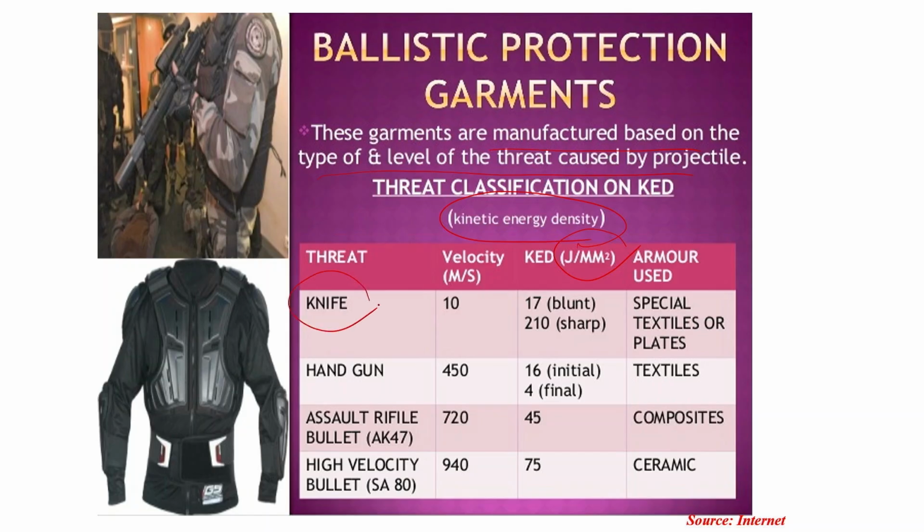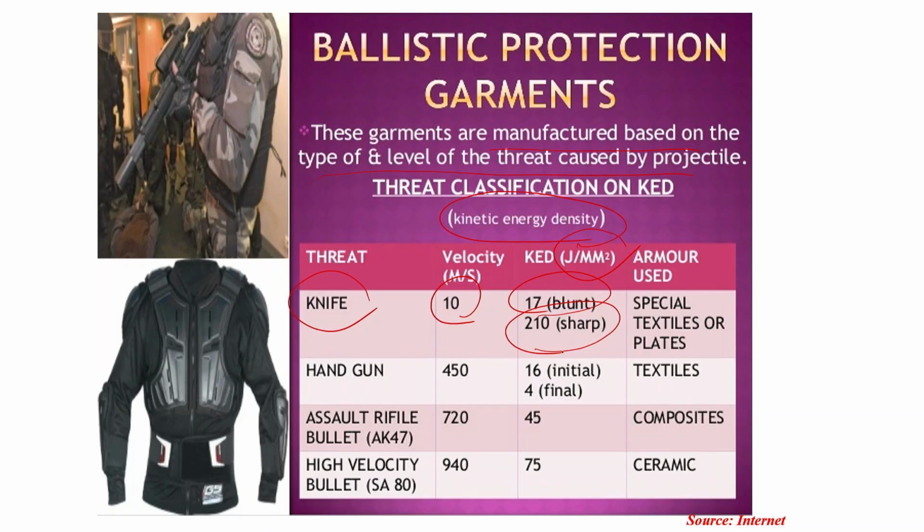So, for knife the velocity is 10 meter per second, and the kinetic energy density for blunt knife is 17 and for sharp knife it is 210.